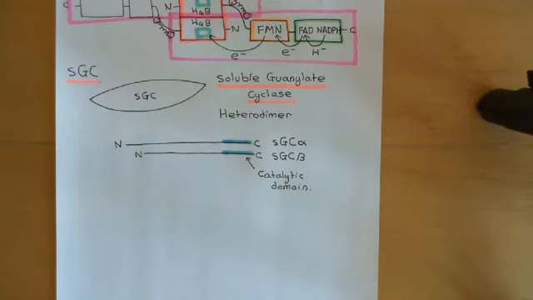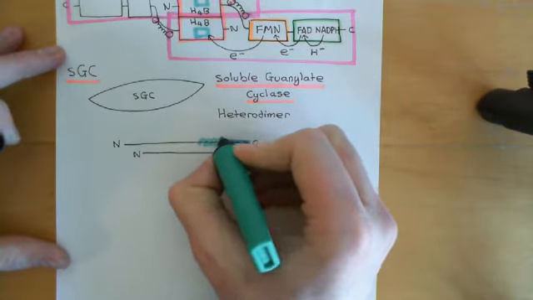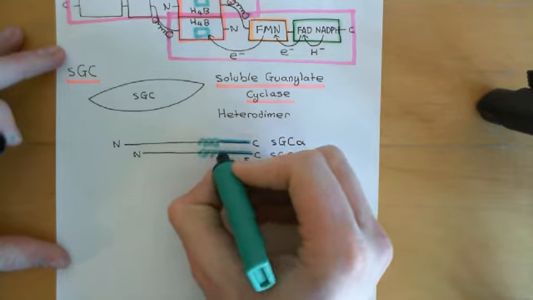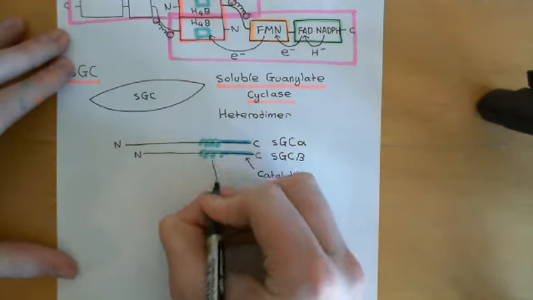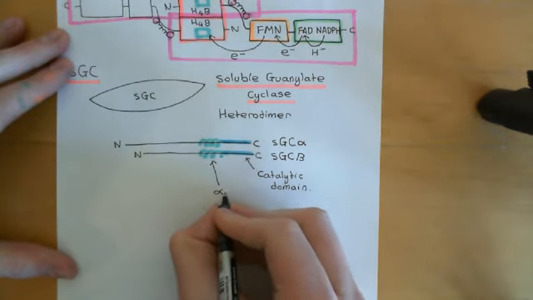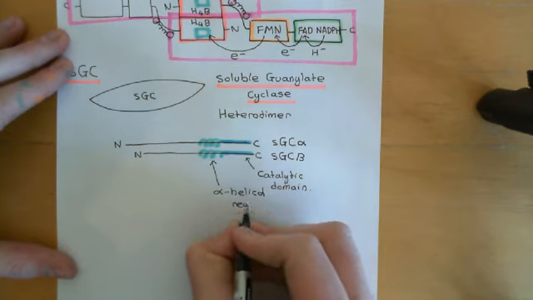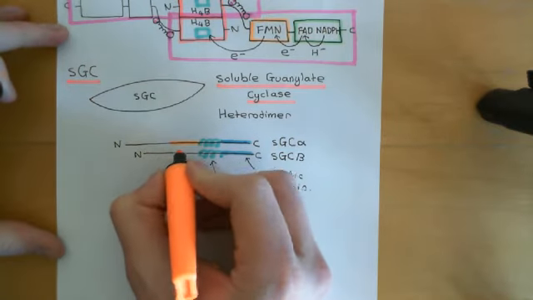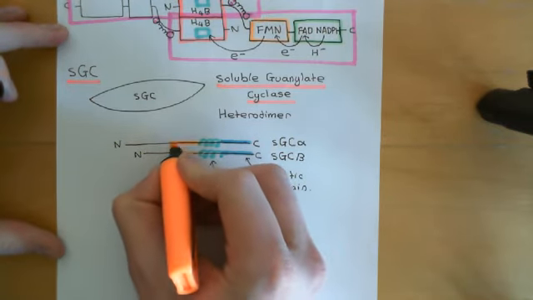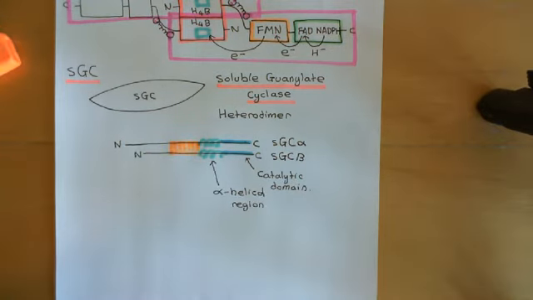Then upstream of the catalytic domain you have a little portion that's alpha helical in nature. I'm just drawing it in turquoise in a spring sort of shape. So this is the alpha helical region. And then further up from the alpha helical region you have a domain known as the PAS domain, which is very important in strongly holding these 2 subunits together.